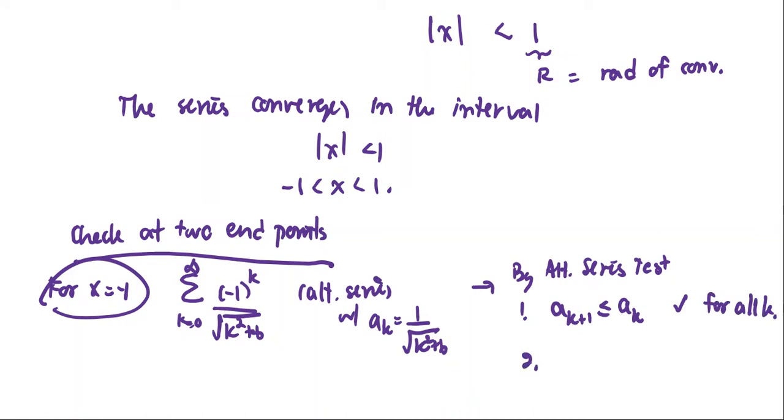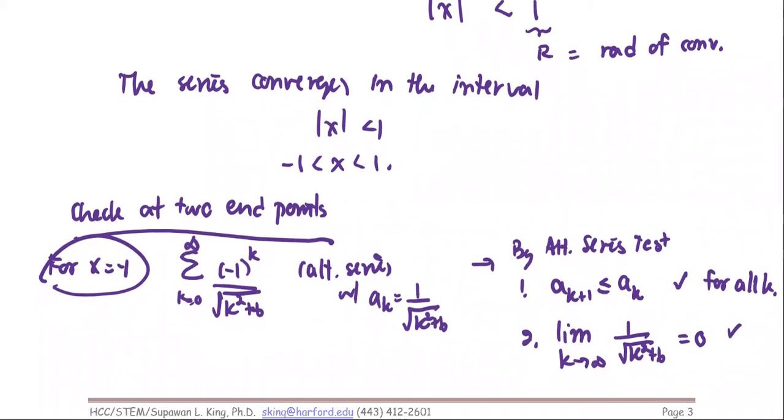The second condition of the alternating series test is the limit of a_k as k approaches infinity. a_k is 1 over the square root of k squared plus 6, and the limit of this term as k approaches infinity equals 0. So it satisfies the second condition, meaning it satisfies both conditions of the alternating series test.